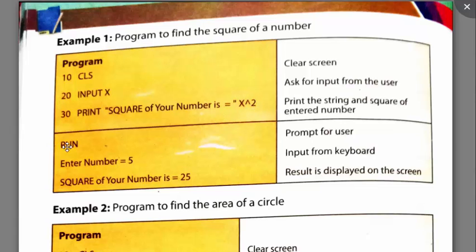When you run this program, it will ask you to enter a number, and you will enter any number, and it will show you the square of that number. Let's give it a try to understand it more clearly.